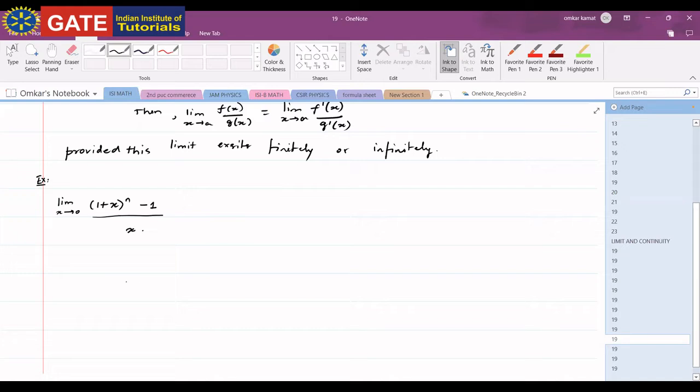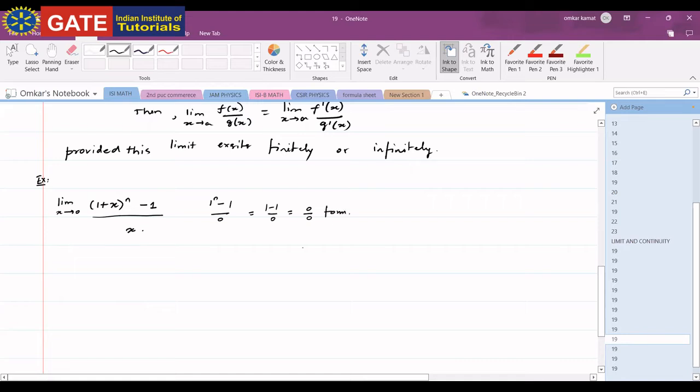Sir, this is equal to n times (1 plus x) raised to power n minus 1. Okay, because once we substitute the limiting value here, it will be 1 to the power n minus 1 divided by 0. And we know that 1 to the power n is 1 only. So it will be 1 minus 1 divided by 0, nothing but 0 by 0 form.